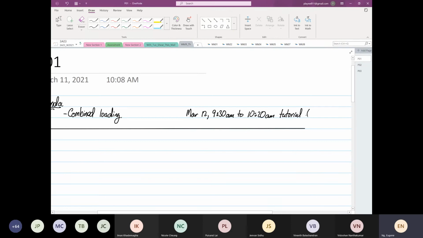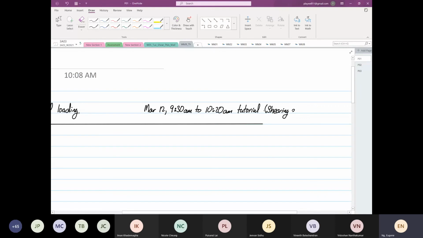The topic I'm going to focus on tomorrow is shear stress, where I finished off the last time, to clarify assumptions that I've not taught before. So that is tomorrow.